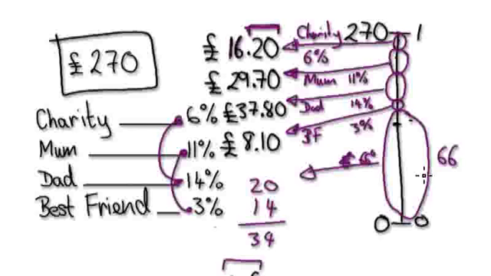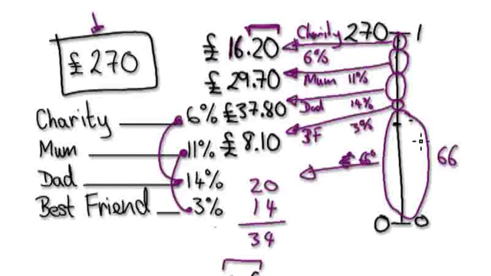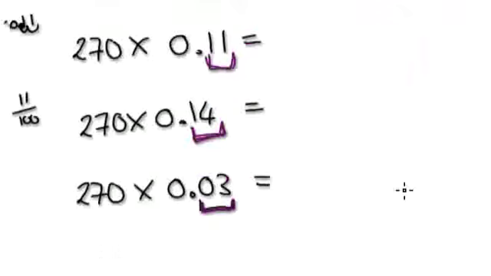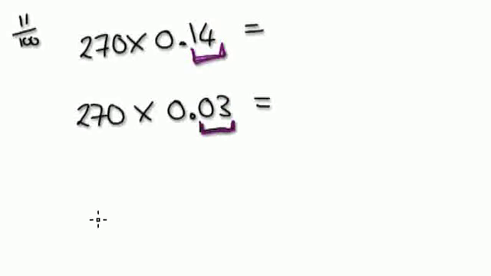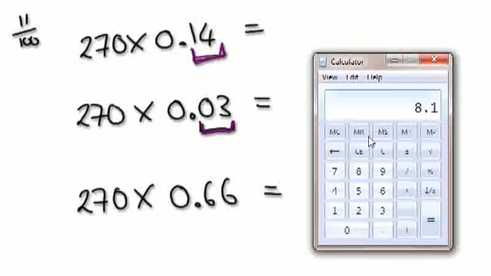So what is 66% of our original here? Let's get our original, 270 times 66%. Now get a calculator out.